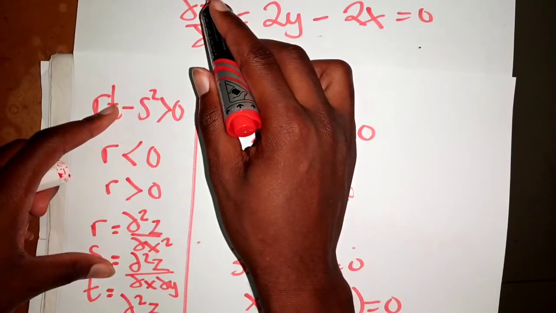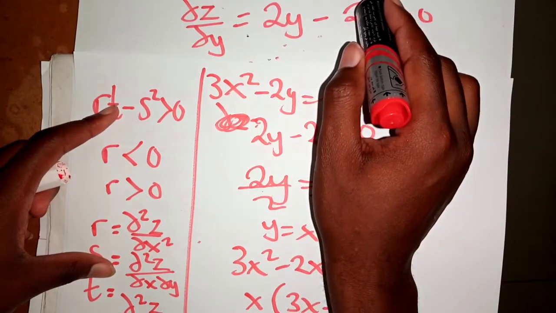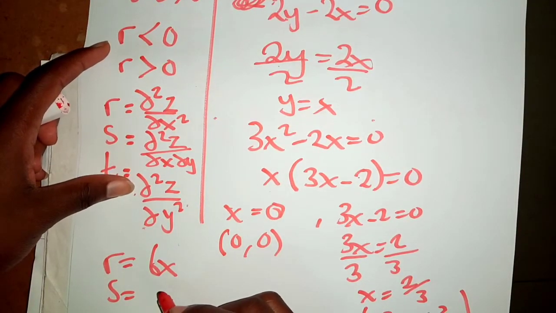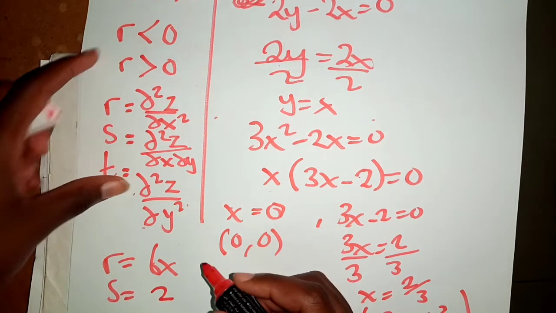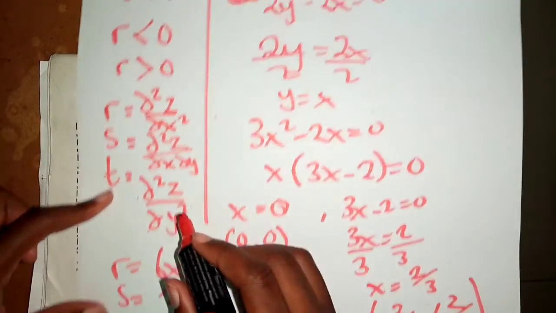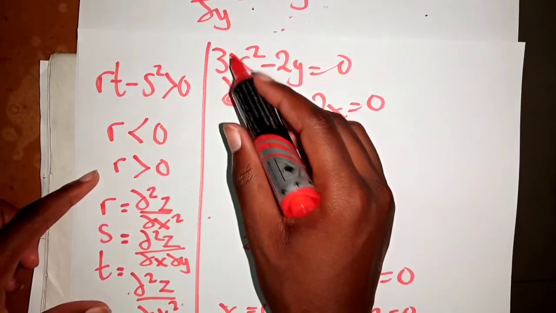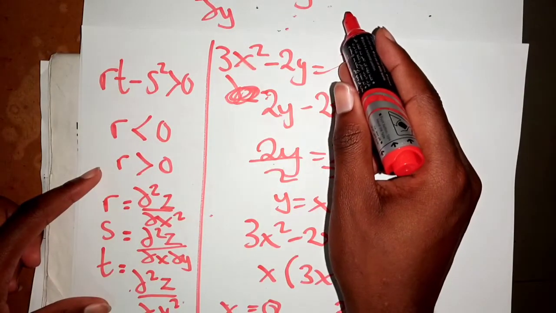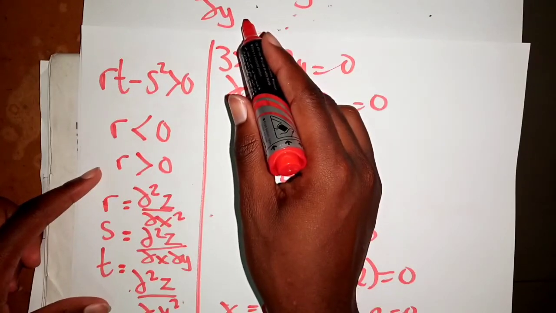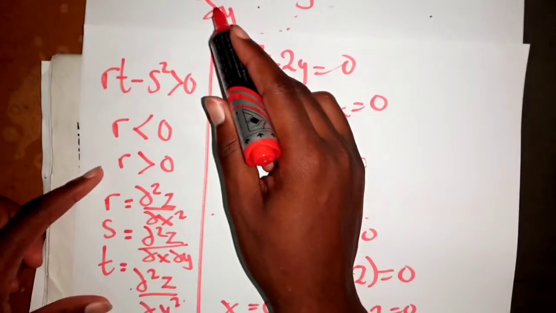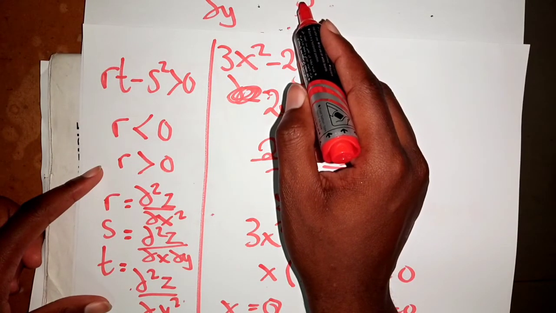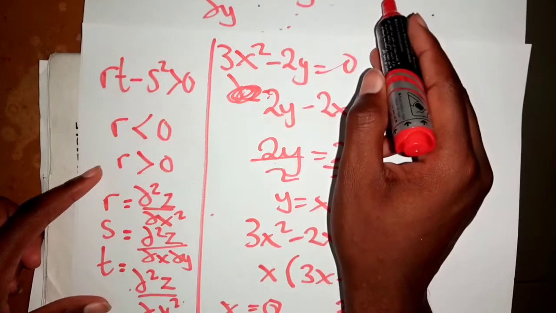by partial dy of this one, you're going to have -2, and then partial dz over partial dy of this one, you're going to have those are the squared, so partial dz squared over partial dy squared, you're going to have this one treated as a constant.